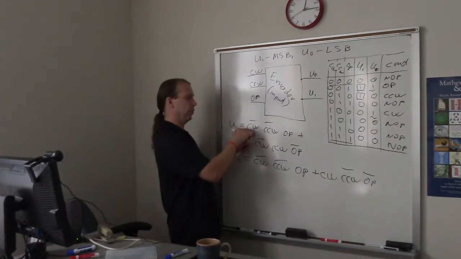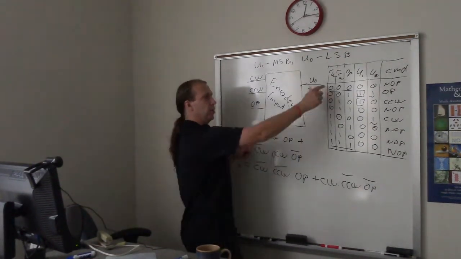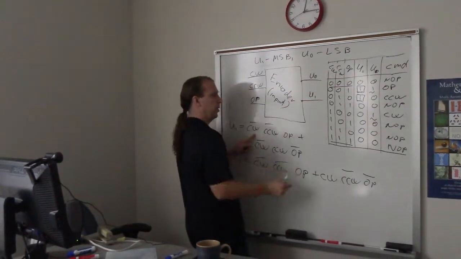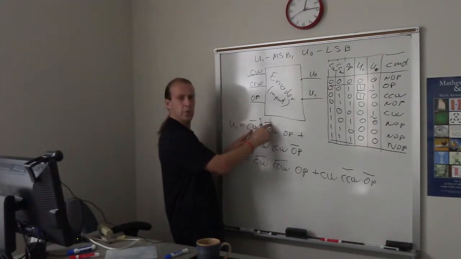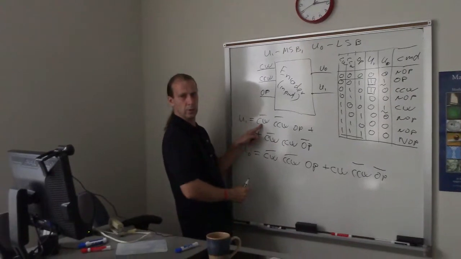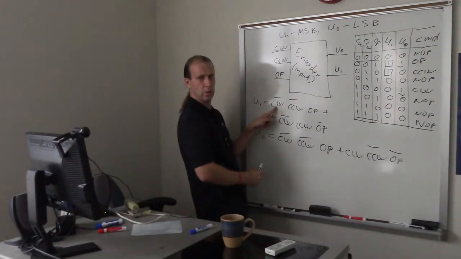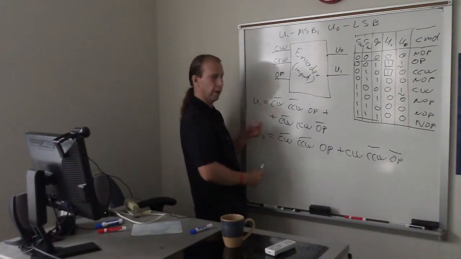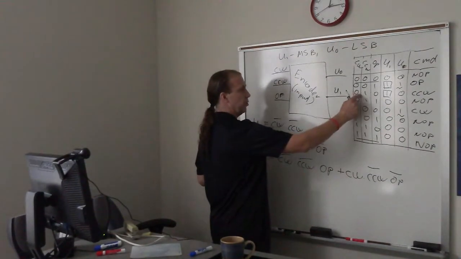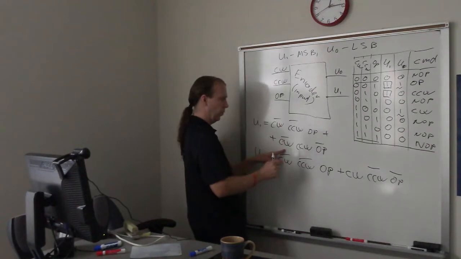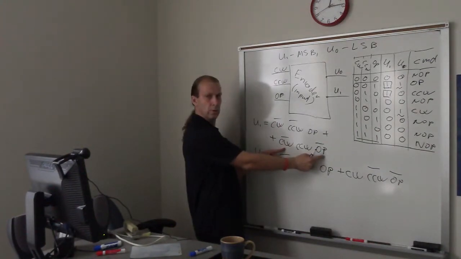We keep the same order: CW, CCW, OP. And then we say 0, 0, 1. Inversion, inversion, no inversion. Right, every 0 is inverted. And same as here: inversion, no inversion, inversion.